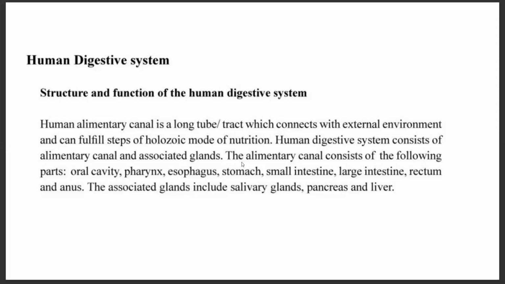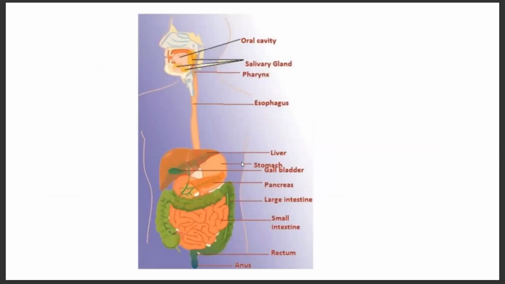The alimentary canal contains the oral cavity, pharynx, esophagus, stomach, small intestine, large intestine, rectum and anus.